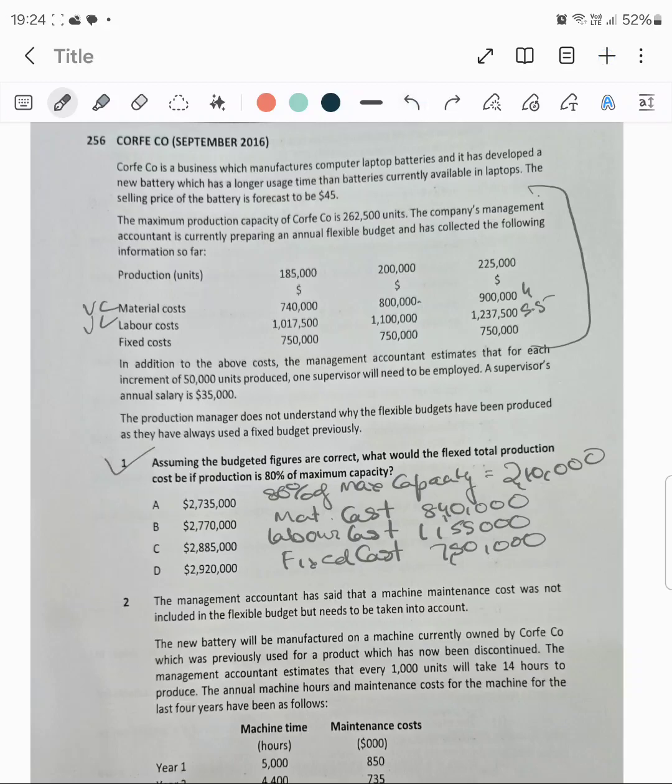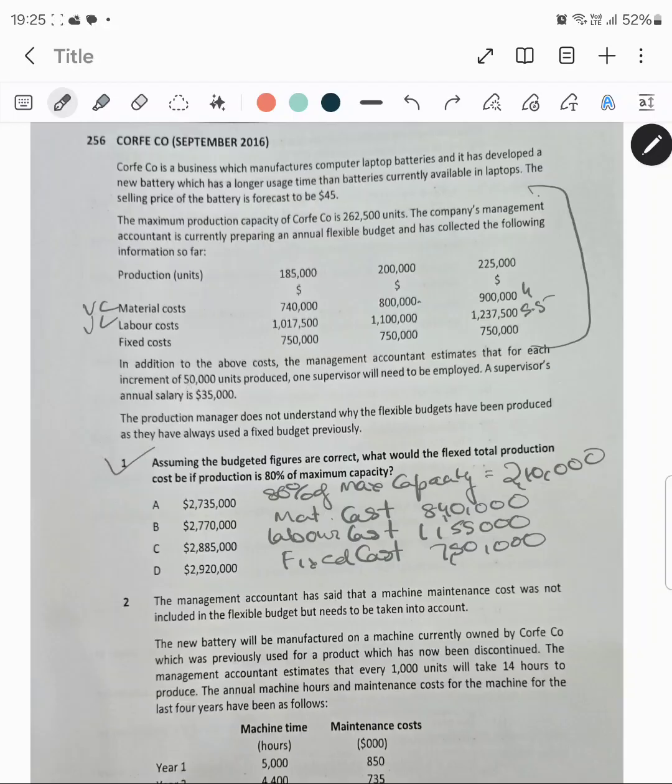Okay, so I have missed one information which was about the supervisor. Somewhere it was written about the supervisor. Where was it written? Yes.